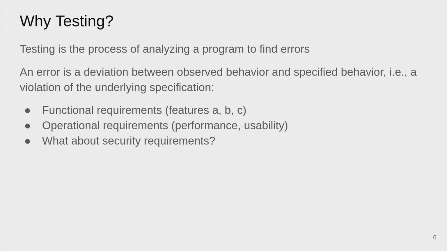Or usability, right? It's supposed to allow screen readers or people with vision impairments or whatnot to still use the software. Now for security requirements, it's fairly difficult to specify concrete security requirements. Security requirements can be fairly abstract, such as we should not be able to carry out administrator functionality when we're not logged in as an administrator.